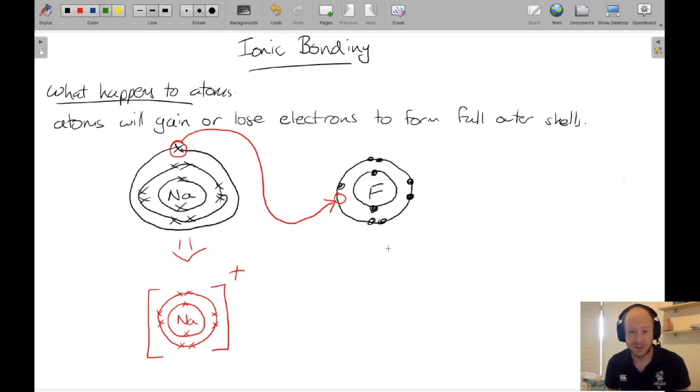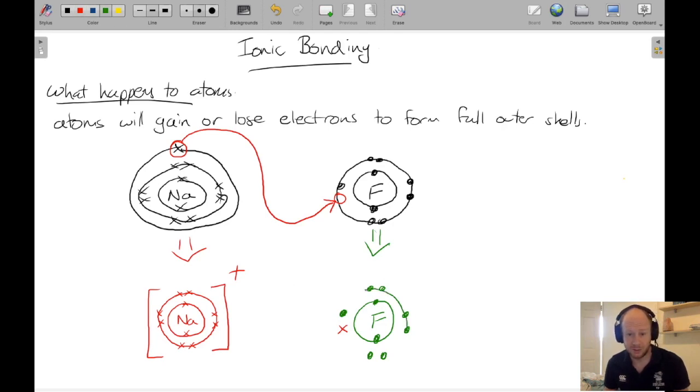Right, what does this guy become? So we're going to have fluorine, again, 2 electrons here. And then all of this is going to be exactly the same as it was before. But we're also going to have to include that electron that jumped from the sodium to the fluorine.